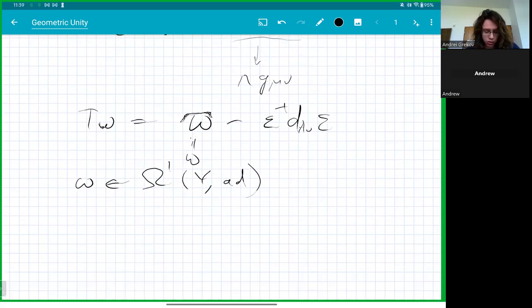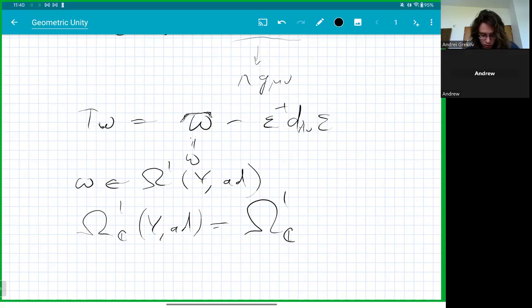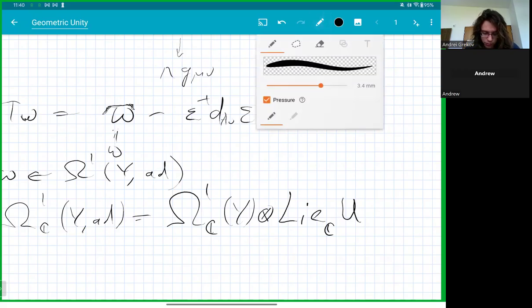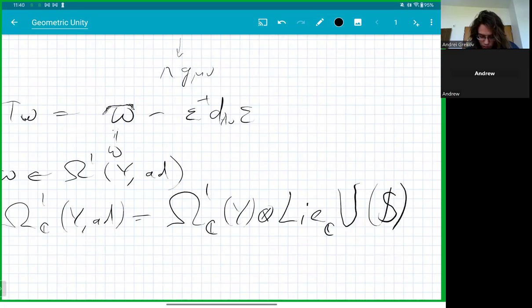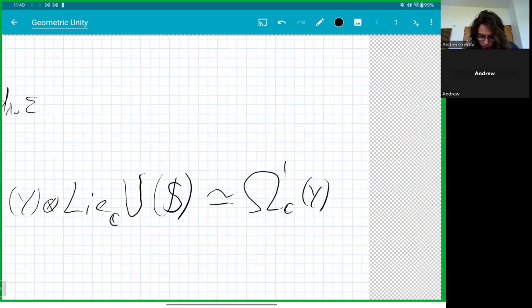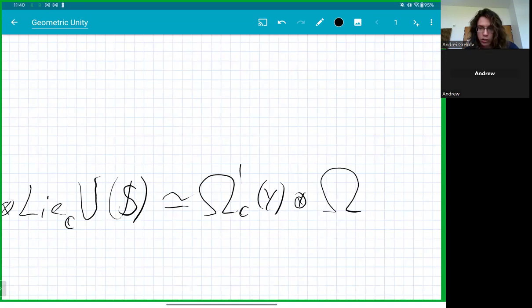He uses this identification, right, that omega 1 complexified on y tensor the Lie algebra of unitary automorphism of spinor bundle, like this, is isomorphic to tensor all exterior powers, as representations of the spin group.